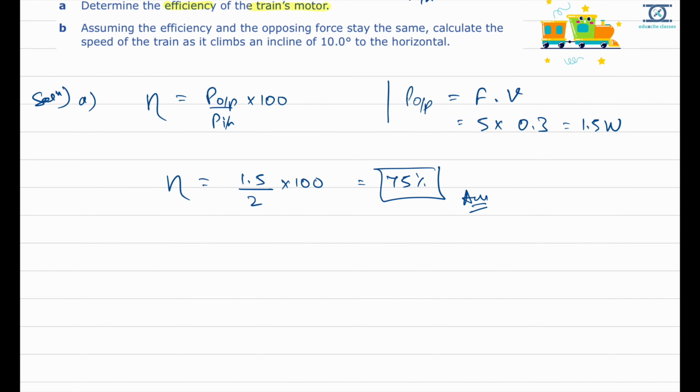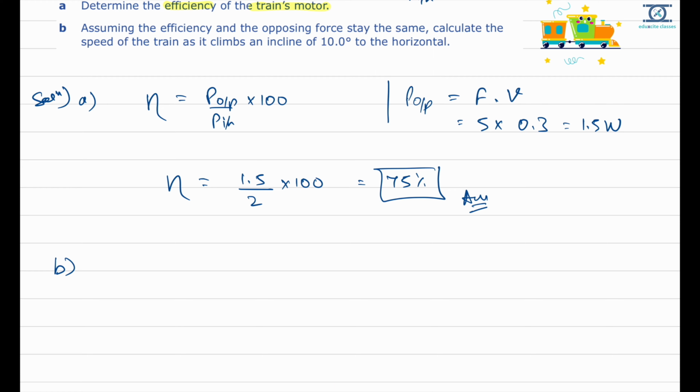Okay, now for B, assuming the efficiency and the opposing force stay the same, calculate the speed of the train as it climbs 10 degrees to the horizontal. Now this toy train is moving at 10 degrees to the horizontal and there is no change in the efficiency or the opposing force. So we have to find out what the speed will be.